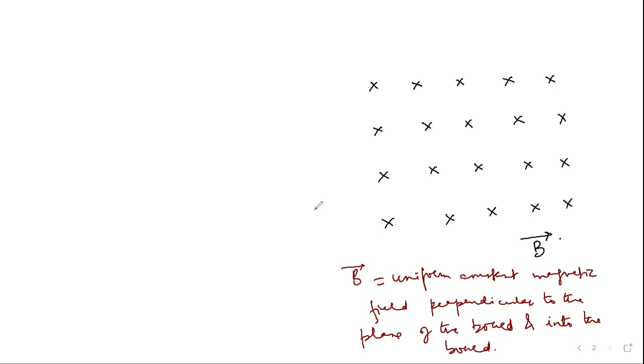So I have a magnetic field in certain region of space which is uniform. That means the vector has same value throughout the space, and it's also constant. It doesn't change with time, and it is perpendicular to the plane of the board and into the board.